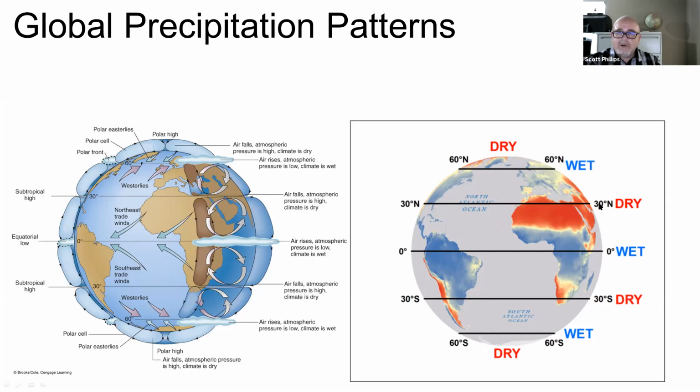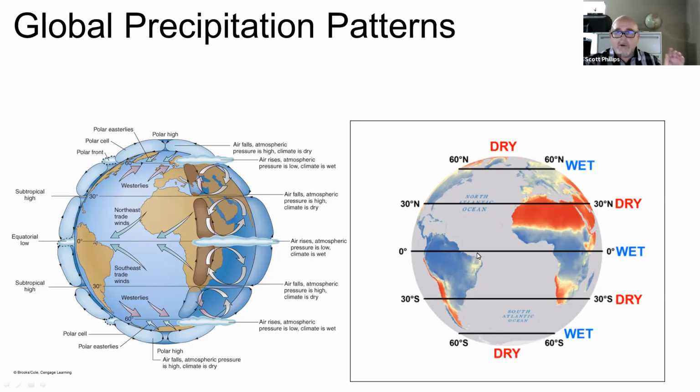Likewise, near the subtropical high, it's generally going to be more dry. Now, ocean patterns and things can play a role, but generally speaking, it will be quite dry at these latitudes, like in the North African deserts. Around 60 degrees north and south, where we have the polar front, you're going to have wet conditions. And then at the poles, it's going to be drier conditions.